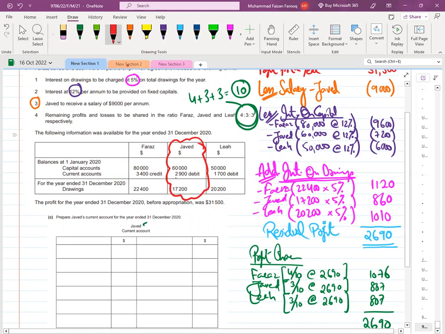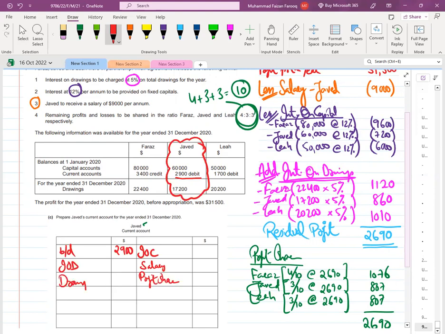It will be given to you in the question. So for Javed, the current account opening balance is on the debit side. The format was: interest on capital, interest on drawings, salary, profit share, and drawings. That was the format of the current account which we learned earlier.